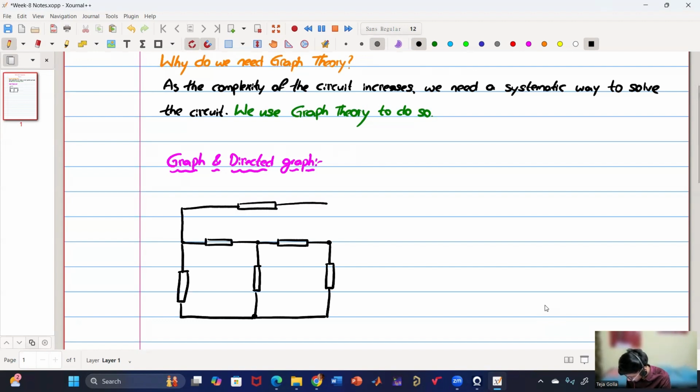These rectangular boxes are elements. It can be a combination of voltage or current source, resistor, inductance, and capacitor, any combination of that. But we are representing that entire branch as a box, which we are calling an element.